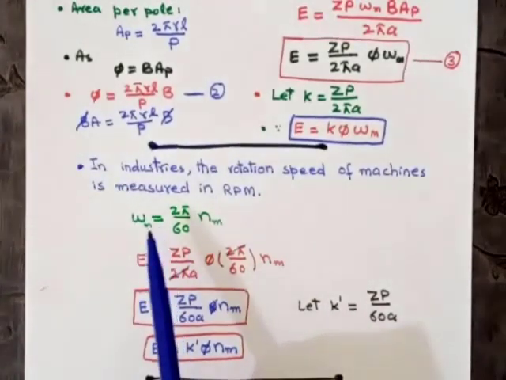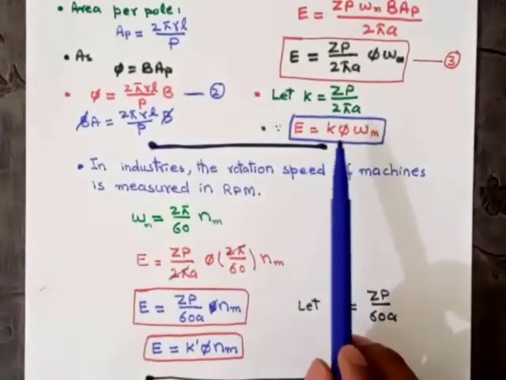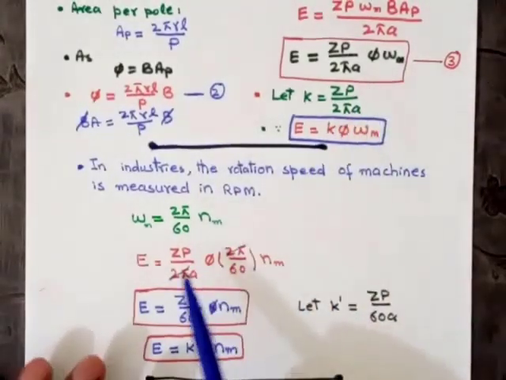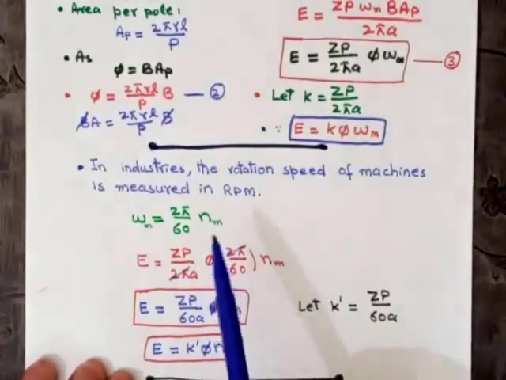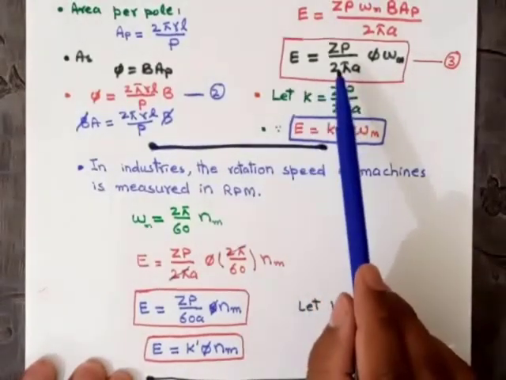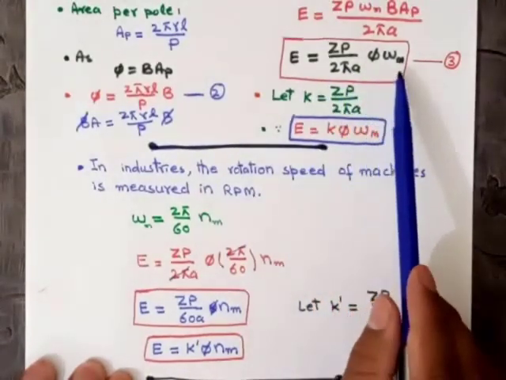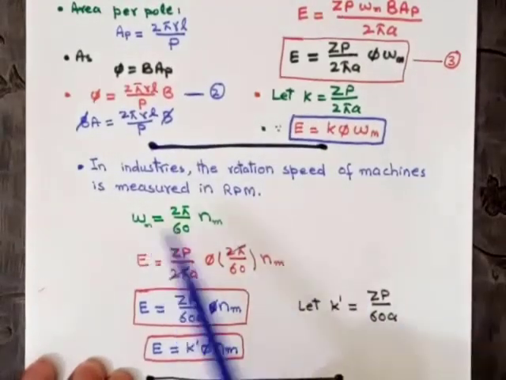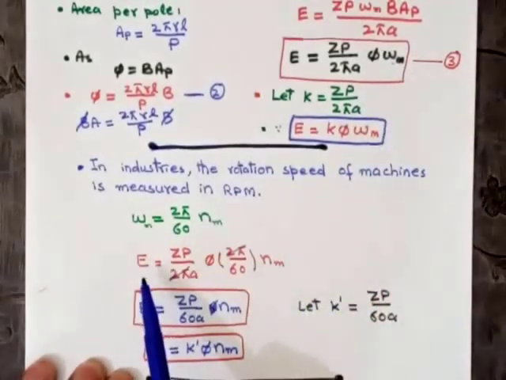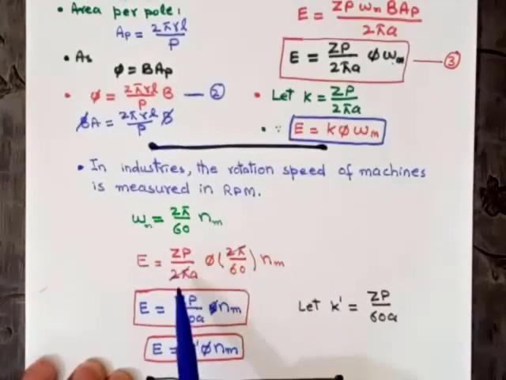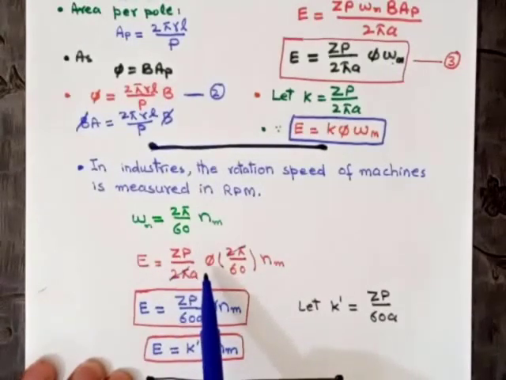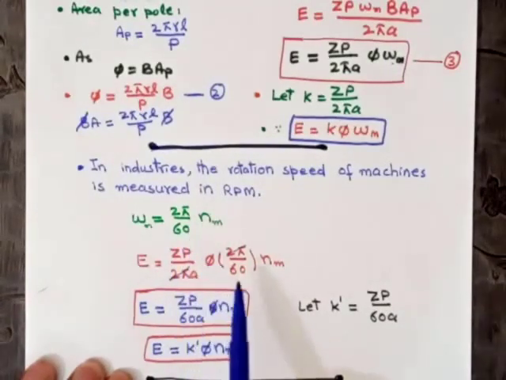Putting the value of omega in this equation, we get E is equal to, as we know, E is equal to ZP over 2 pi A flux into omega. Putting the value of omega, we get E is equal to ZP over 2 pi A into flux into 2 pi over 60 into Nm, where 2 pi and 2 pi will be cancelled out.